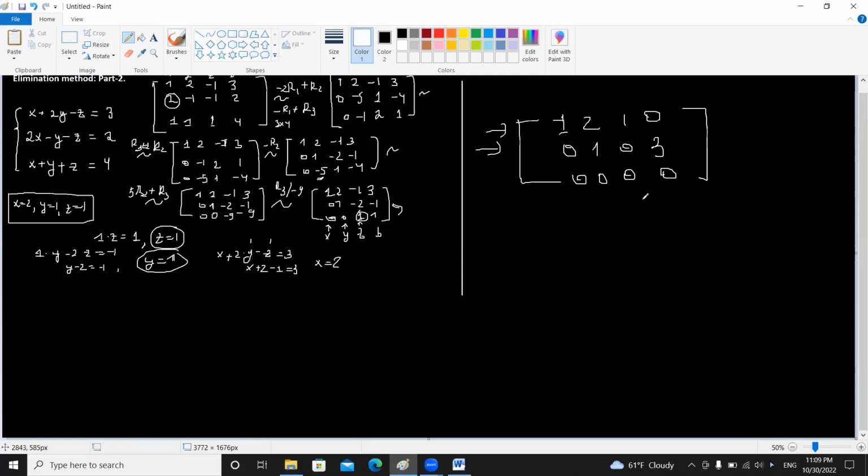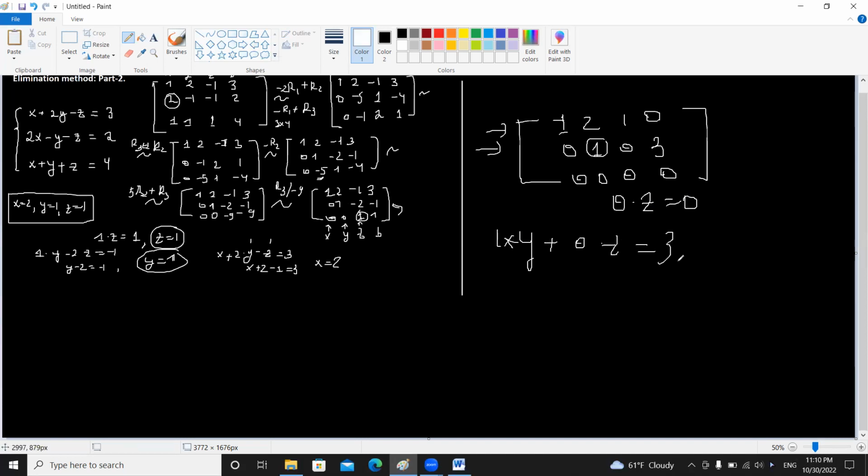So in our case, we have here 0 times z equals 0, which makes it obvious that z can be the free variable. In the second row you can see we have the coefficient of y, so it's actually 1 times y plus 0 times z equals to 3.